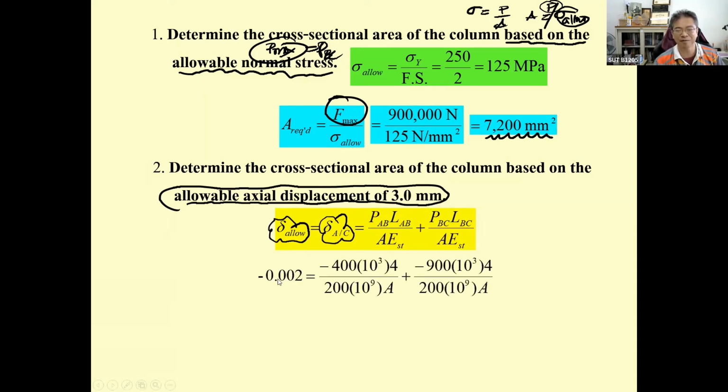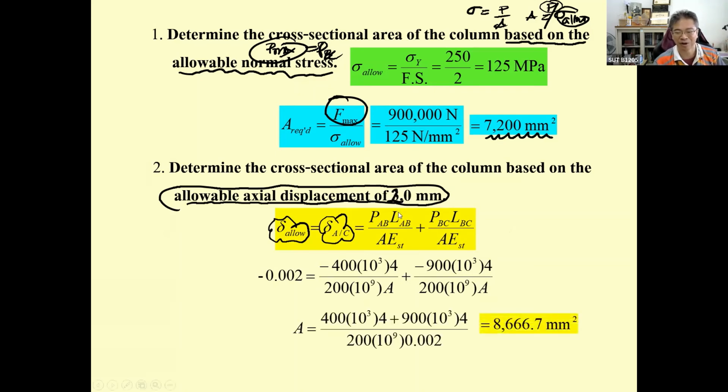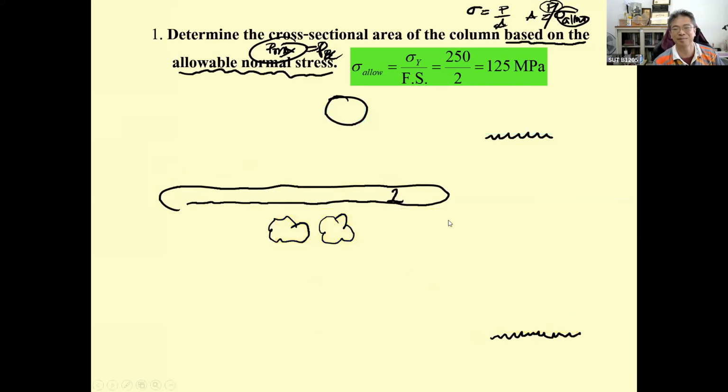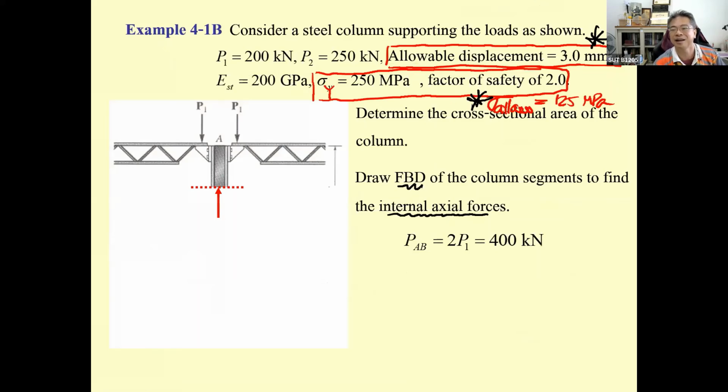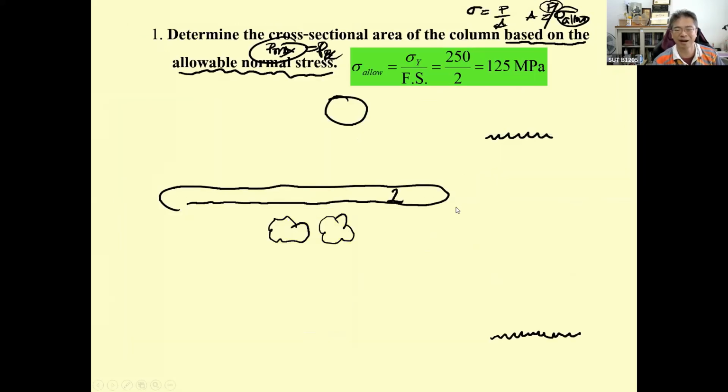So just put everything together. Oh, this is changed to 2. Sorry, just change this one to 2. There, put everything together. You get this one to be 8,667.2. Just change this problem, not only 3. Just change it to 2 millimeter.